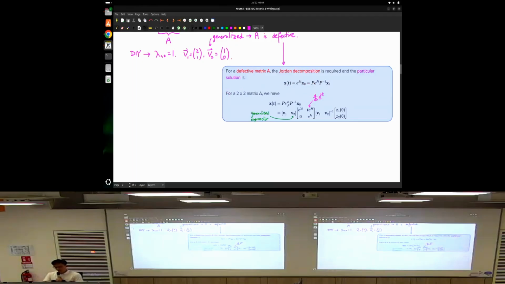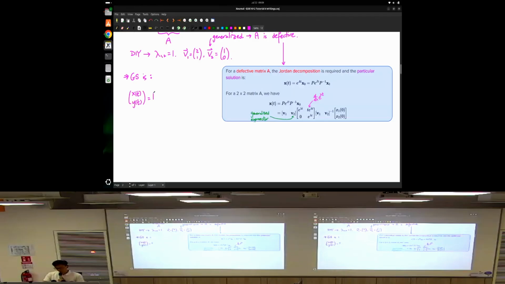So the general solution will be just this combined with C1, C2. So the general solution is x of t, which is your x of t, y of t vector.